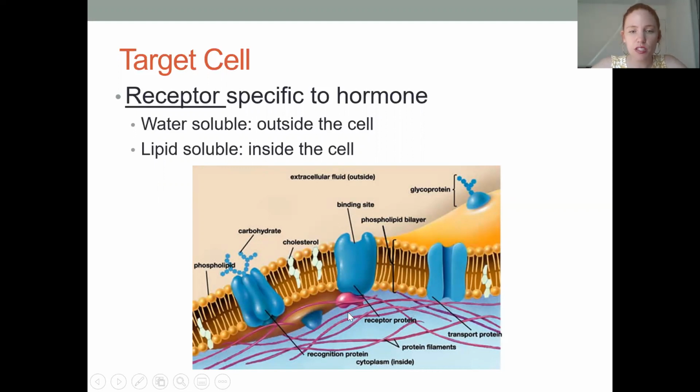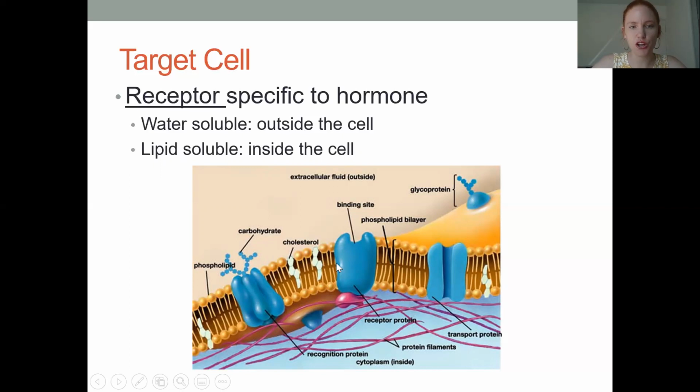And what I mean by a receptor is a specific protein that's embedded in the cell membrane of the target cell. And that receptor protein is going to have a binding site that physically matches, corresponds to the hormone shape, right? Just like the lock and key model that we already saw with enzymes. And of a specific shape, it'll fit right in there, and that'll initiate how the hormone works.